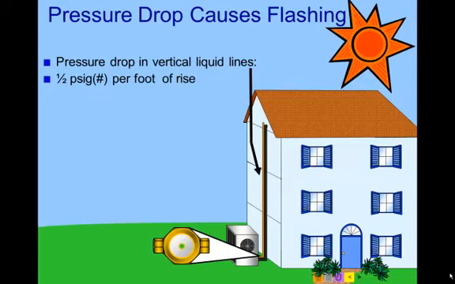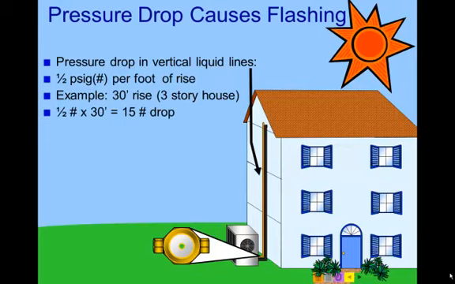We can get that from charts and tables that will give us that information. Example, we have a 30-foot rise. It's a 3-story building. A 1/2 pound per foot gives a 15 pound pressure drop.